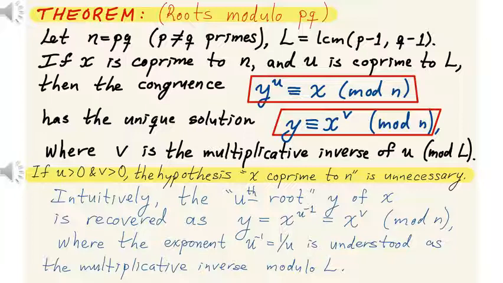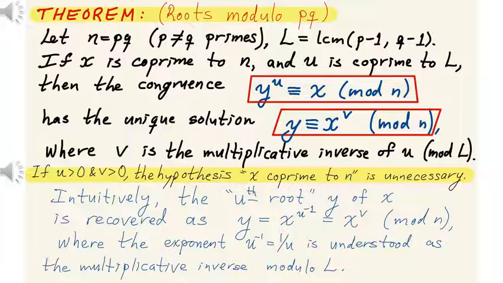Now here are some remarks after this theorem about taking roots in U_pq. The first thing is that if you take the exponent u to be represented by a positive integer, and you take v to be the multiplicative inverse of u modulo L, also a positive integer, so you are taking positive integers representing the elements of Z mod L, then the hypothesis that the elements x and y belong to the group U_n is not necessary.